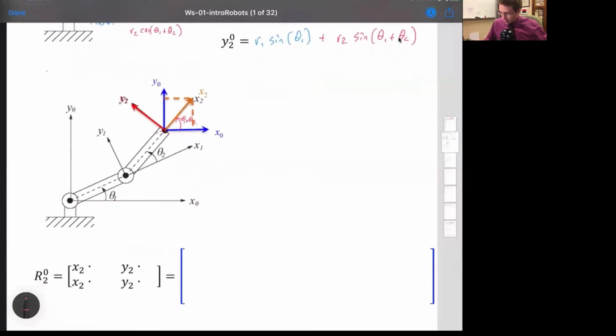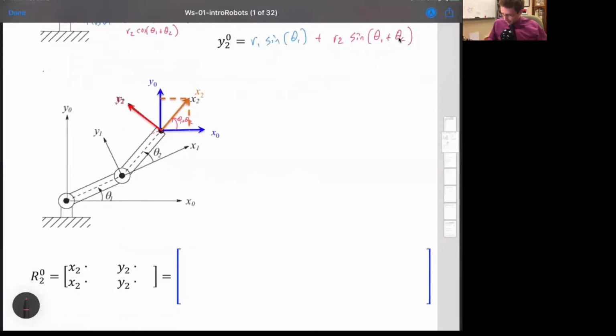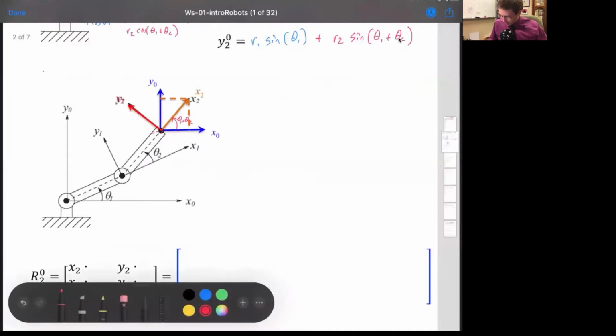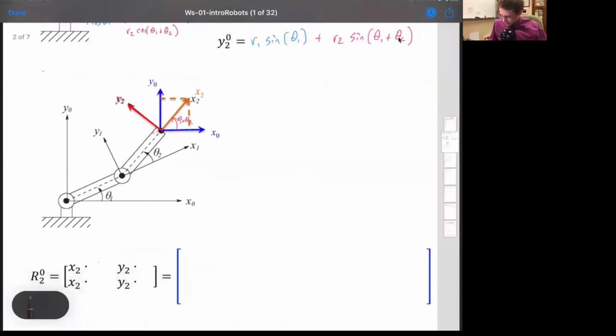And what I want to do then is take my x2, this orange variable here, and I want to project that onto my base frame. So I want to project it into x0 and y0. And I want to take y2, and I want to project that as well into x0, y0. So let's do the first one, this x2 projected into x0. So you see that's really just what is this distance here?